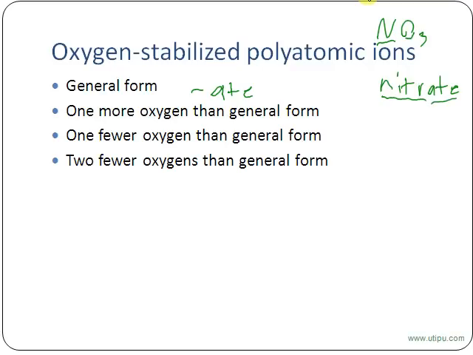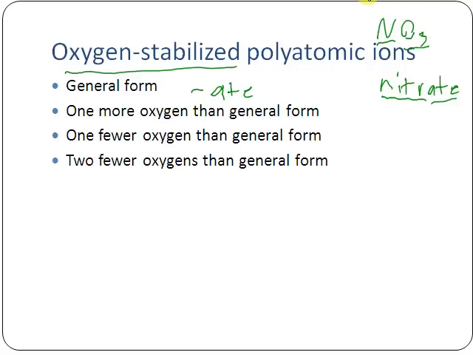It has "ate", which indicates it is oxygen stabilized. So nitrate, the root means that it's nitrogen, and the "ate" means it's got some oxygens attached to it. Then it tells you to go to 21, which says the most common, most stable is named by adding "ate" to the stem of the non-oxygen element, like sulfate for SO4. And so "sulf" tells you it's sulfur, the "ate" tells you it's an oxygen stabilized polyatomic ion.